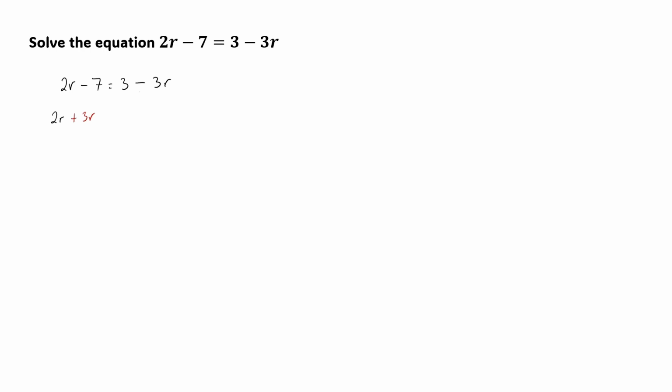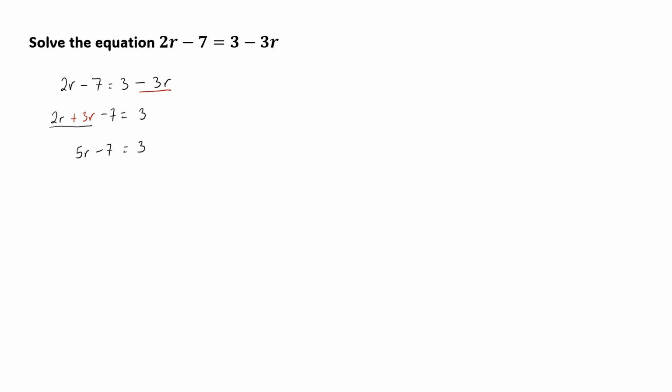So remember that 3r is being subtracted here, so we're going to add that on the opposite side of the equation. Now I'm going to put back my minus 7, put back my equal sign, and return my 3 also to the equation.